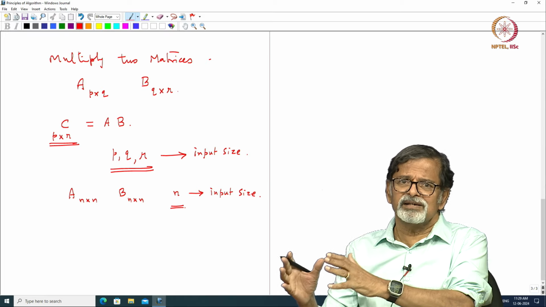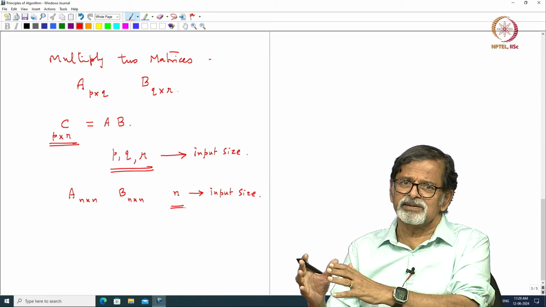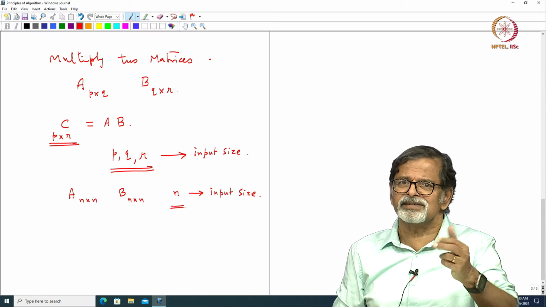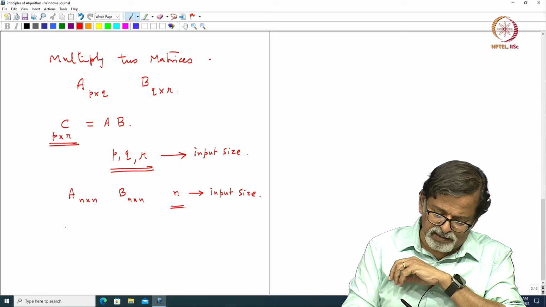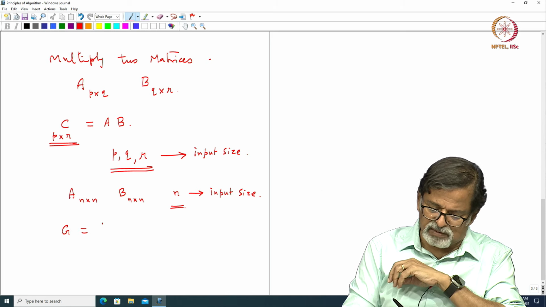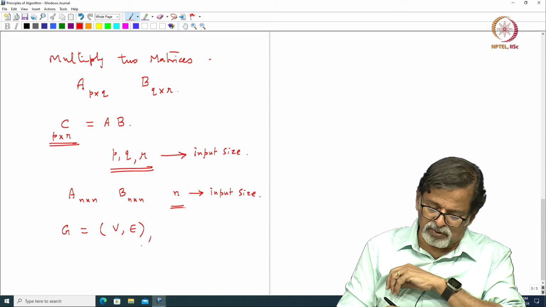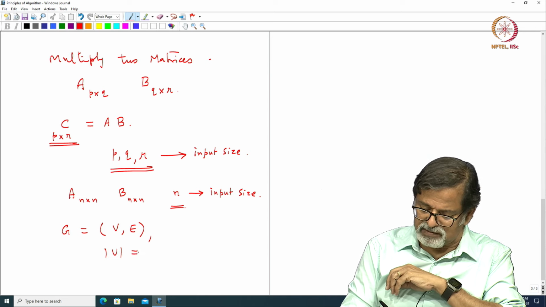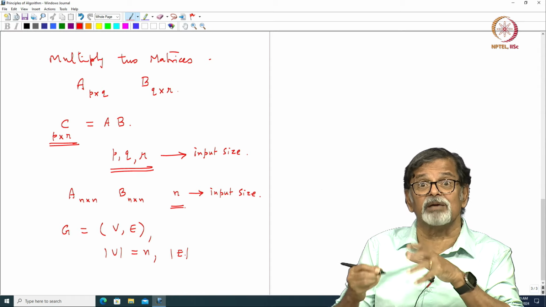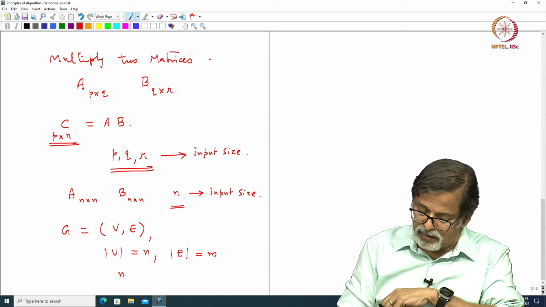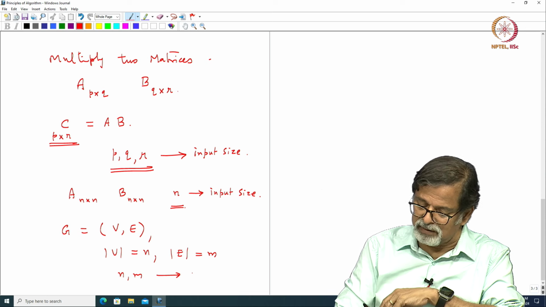We will see the formal definition of a graph later, assuming that you have some basic familiarity with discrete math and graphs. You can see that a typical graph is represented by a vertex set and an edge set. Therefore, if the cardinality of the vertex set is n, and the cardinality of the edge set, cardinality meaning number of items, is m, then n and m act as the input size.